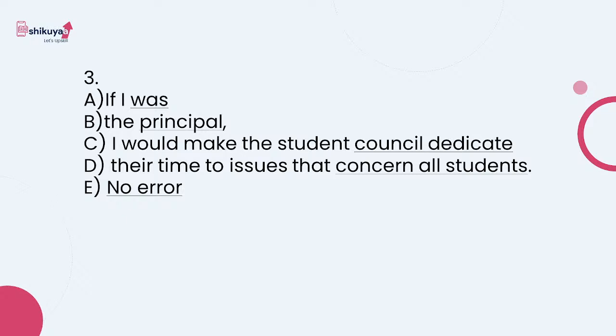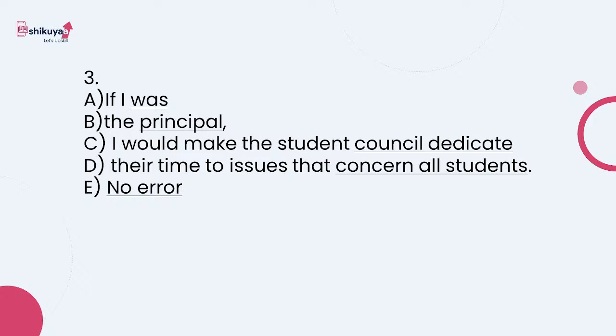Okay, so let's start with the first part, part A. If I was. So students, reading and listening to English is very important for solving this type of question, because that knowledge will definitely give you an idea about such situations. Have you ever heard such a sentence, students? If I was a prime minister, if I was a president, like that? Of course not.